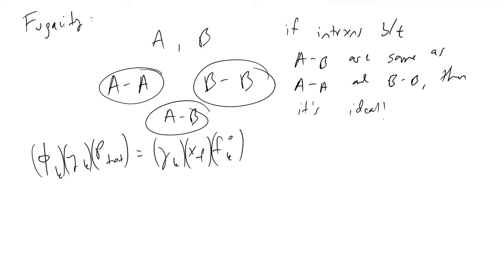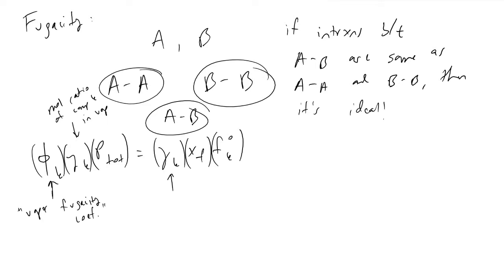To begin with, phi k is what we call the vapor fugacity coefficient. y sub k, as we know, is just the mole ratio of component k in the vapor phase, and P total is just the total pressure.